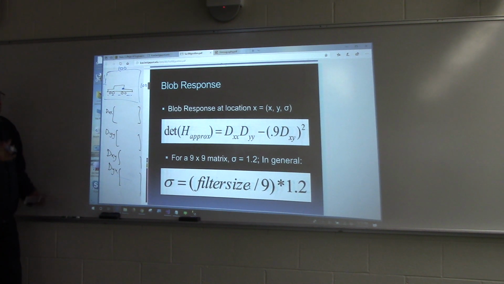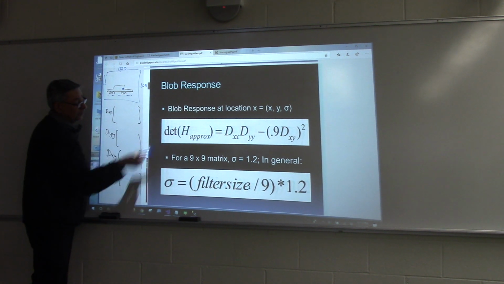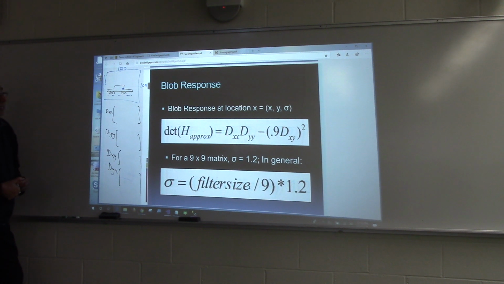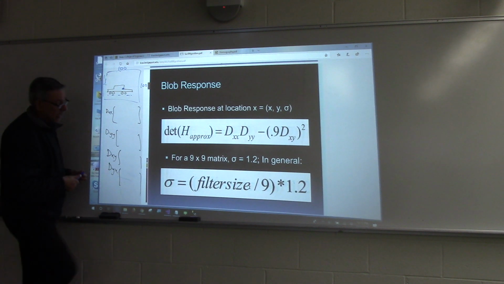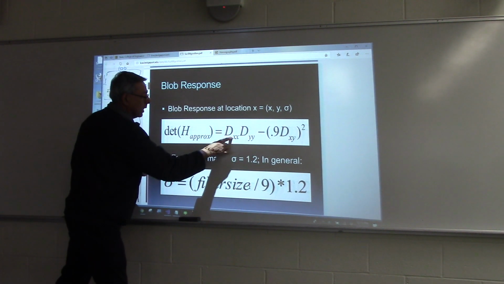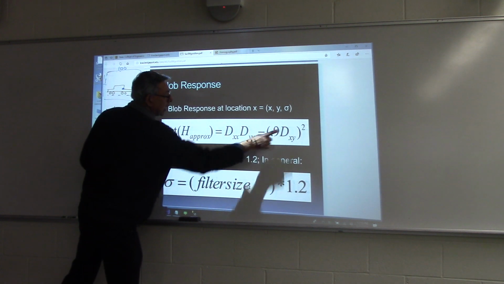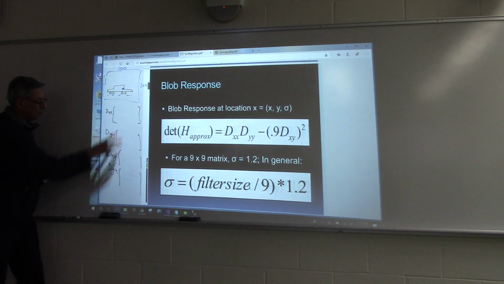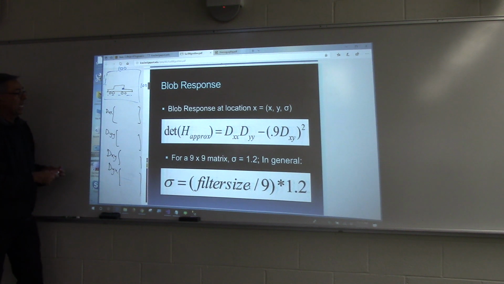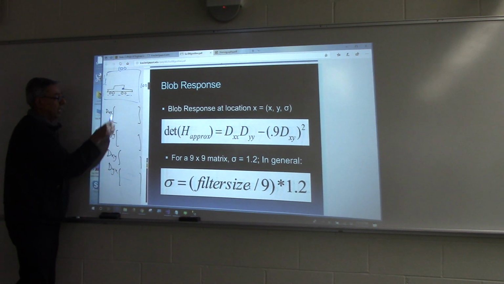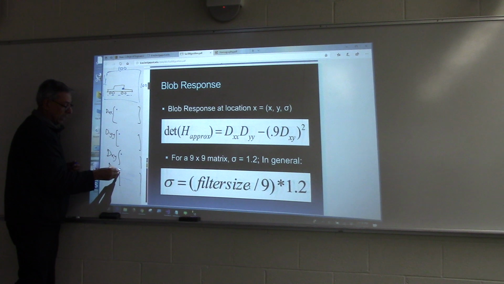Exactly like if you go back and review the Harris corner, remember after we computed the Hessian, we put some kind of threshold on it. So basically, this is what's going on over here. The blob response will give us, like if we computed now Dxx Dyy minus 0.9 Dxy squared, so basically go through all of these and apply this formula to every point in the image.